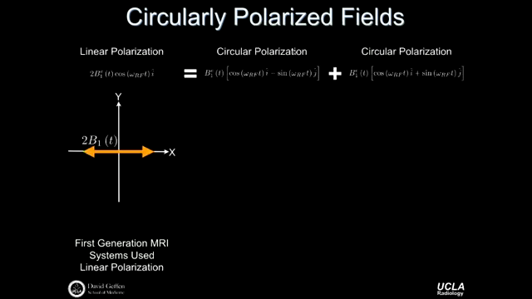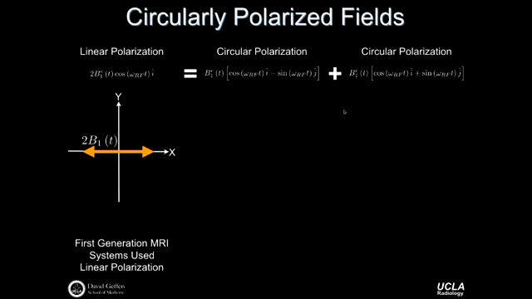I think this is the clockwise field, meaning the B1 field is rotating clockwise. If you add that with another circularly polarized field, the only difference being the sign of the sine term, that makes this a counterclockwise rotating field.